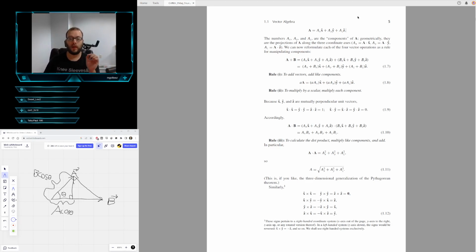So, like I said before, x hat, y hat, and z hat are mutually perpendicular. If they are dotted into themselves, they are equal to 1 because they are parallel to each other. And if they are dotted against each other, x dot y, x dot z, y dot z, they're equal to 0 because they are all perpendicular.